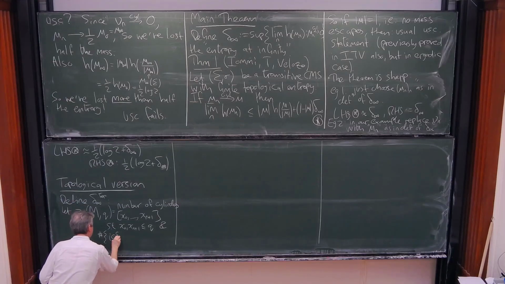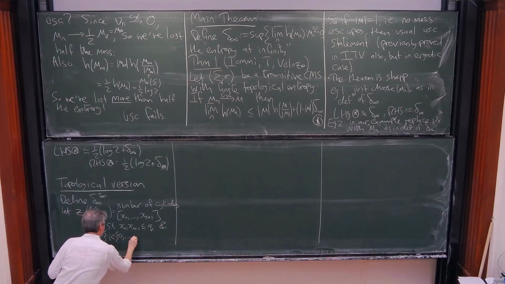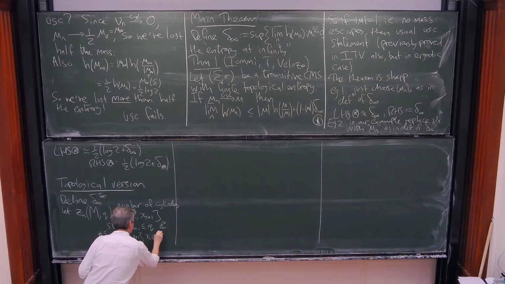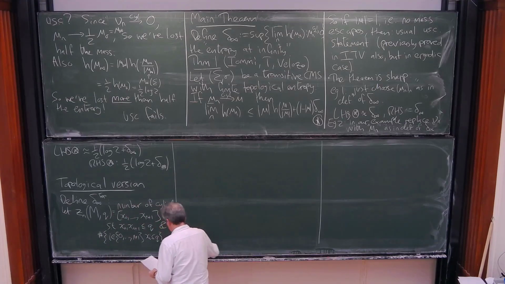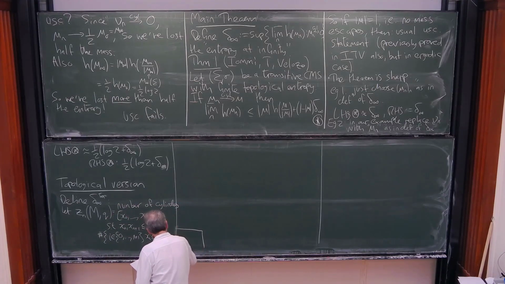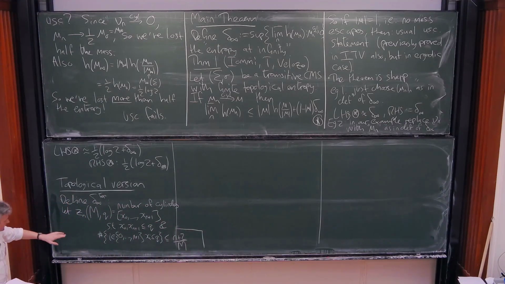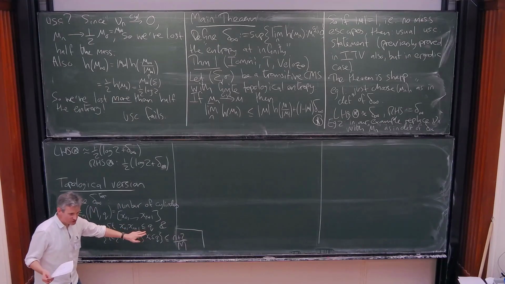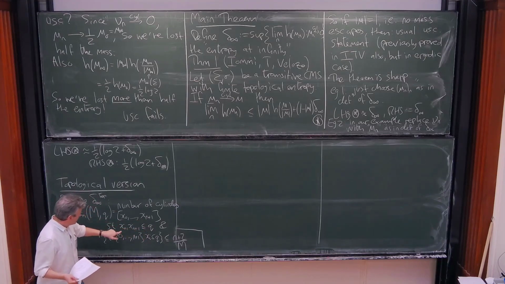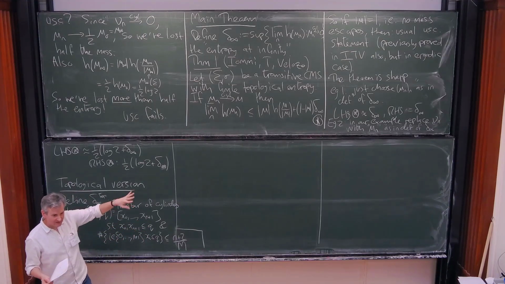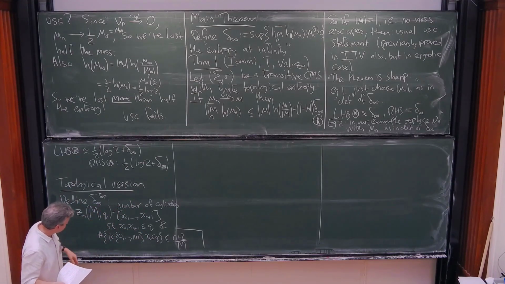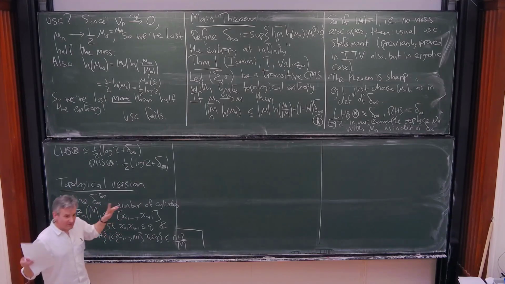So the number of i in 0 up to n+1 such that x_i is less than or equal to q is bounded above by something small times capital N. So I'm looking at the cylinders whose first digit is smallish, whose last digit is smallish, but the intermediate digits, most of them are really big. They're away from q. So if you take q really, really big, this means that most of the digits are near infinity. Right?